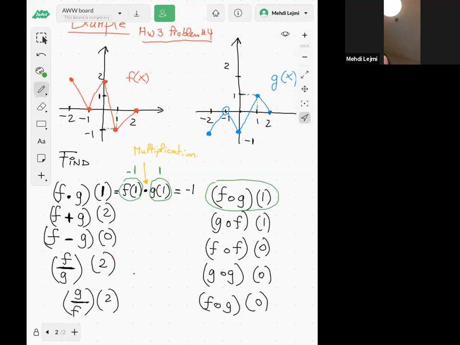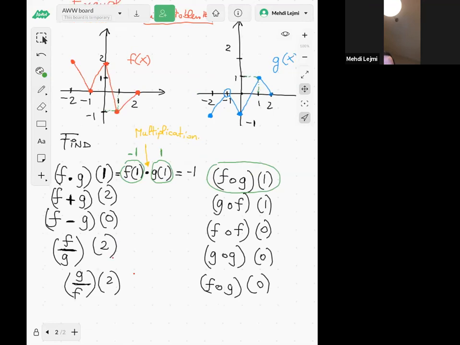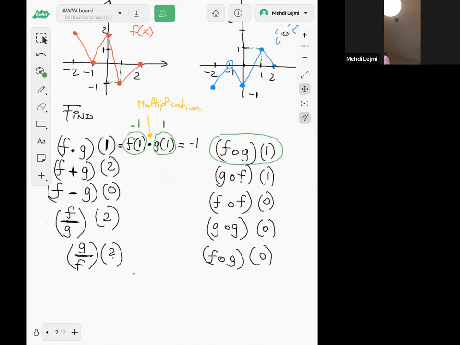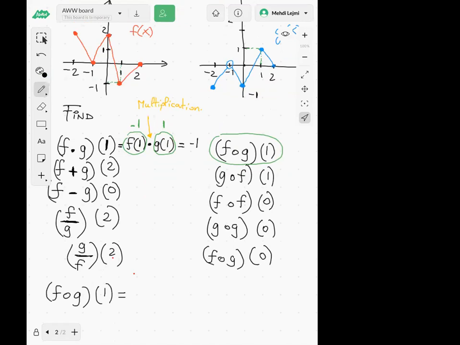Well, f composed with g of 1, guys, I'm gonna need more space here. Okay, I'm gonna just explain in the bottom here. I need space, I guess. So f composed with g of 1. So my x is 1.